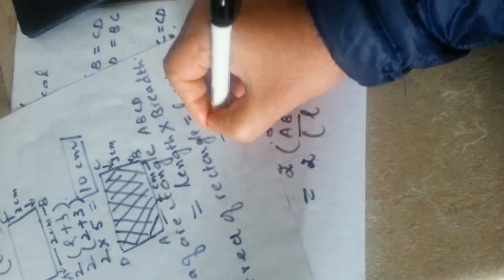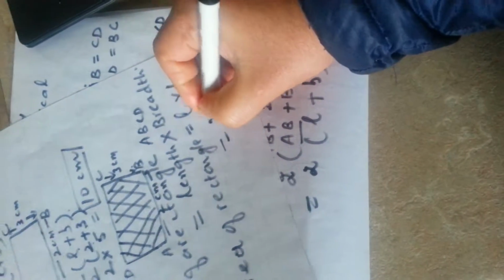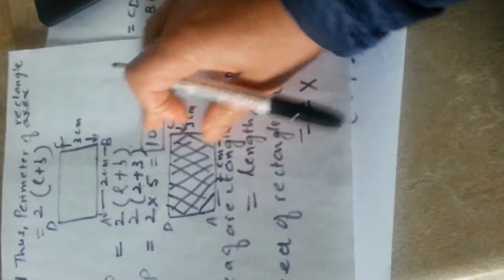So what is the length given to us? It is equal to 2. And what is the breadth? Breadth is 3. 2 centimeter by 3 centimeter. So 2 3s are 6. Centimeter multiplied by centimeter is centimeter square.